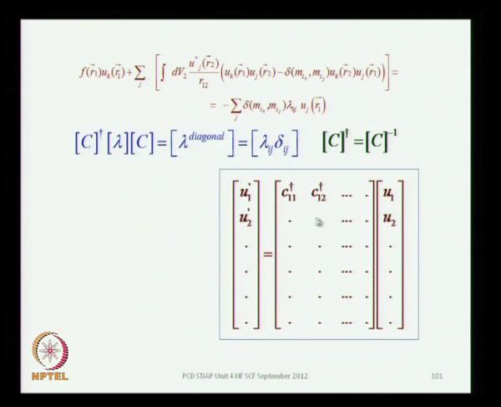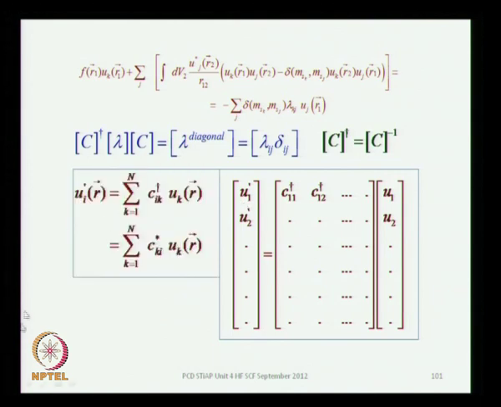So, C dagger u will give you the u prime wave functions, right, and you can write this in the long form if you like, that every prime function can be obtained as a linear superposition of the unprimed base functions, because this will give you a certain basis set. You can always do a linear superposition of these base functions to give you new base functions, and this is the unitary transformation which will preserve the norms and orthogonality, right.